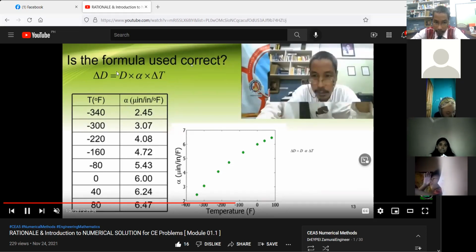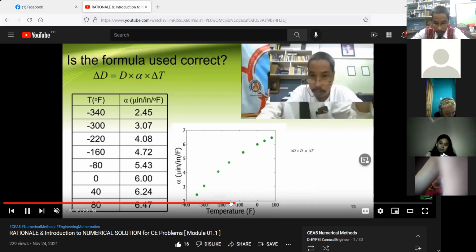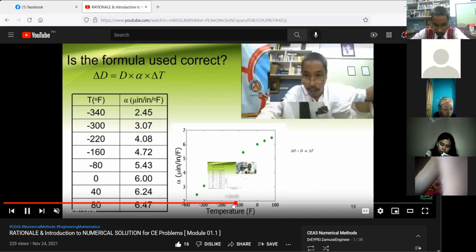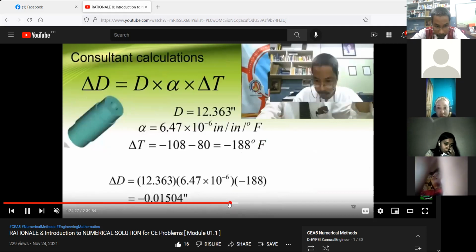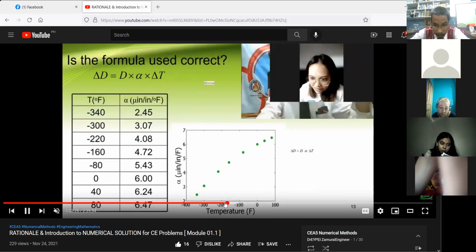And this is the original diameter. So let us look at what the original diameter of this portion is. Let's go back and look for the original diameter and practice this.